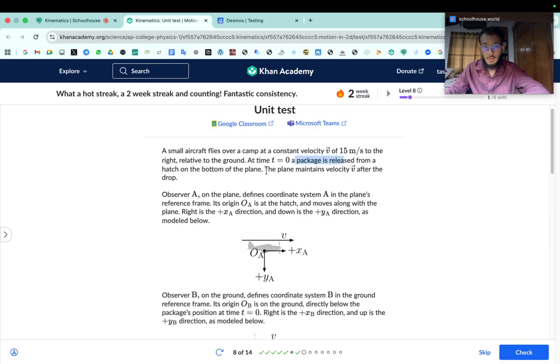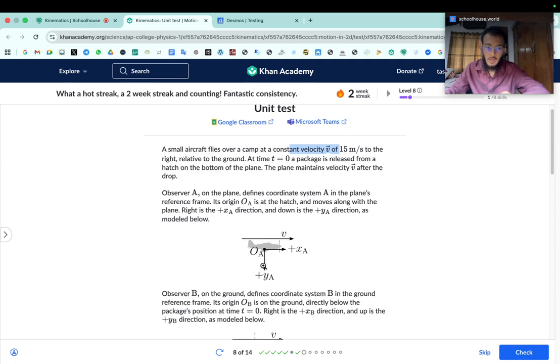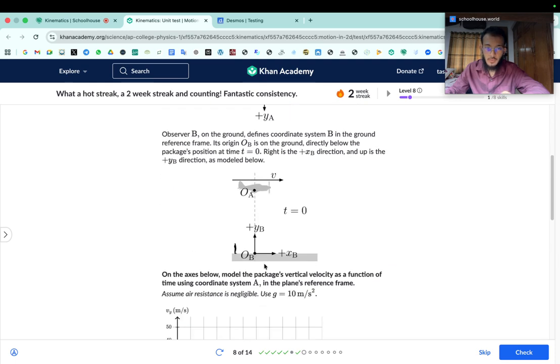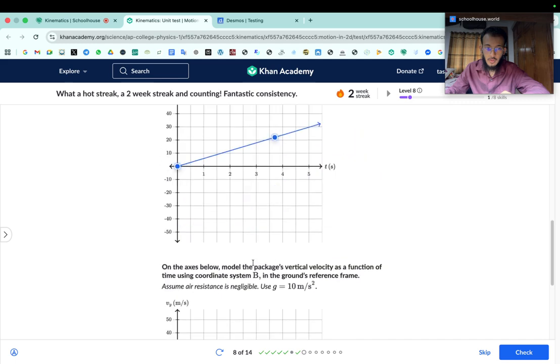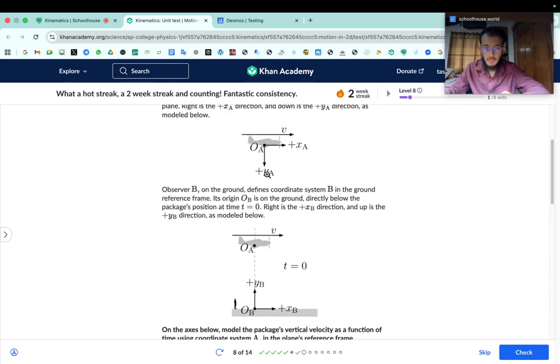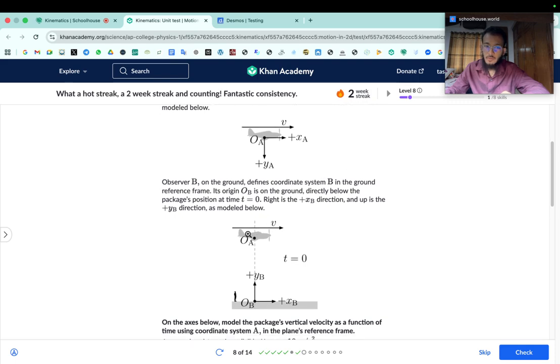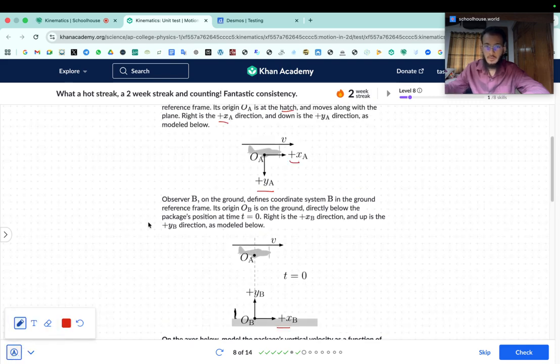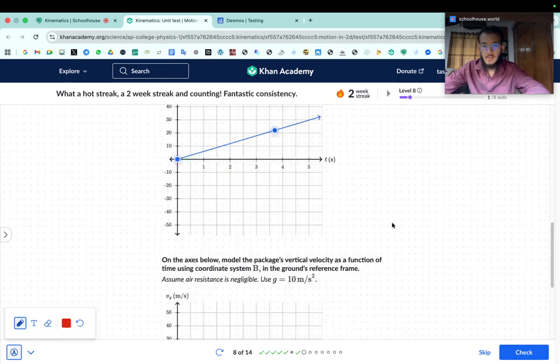Released from the hatch, we only have a horizontal velocity here, so it's moving downwards actually. So it will be positive for A, because they have defined downward direction to be positive, and the object is moving downwards. Now, what is acceleration as a function of time?